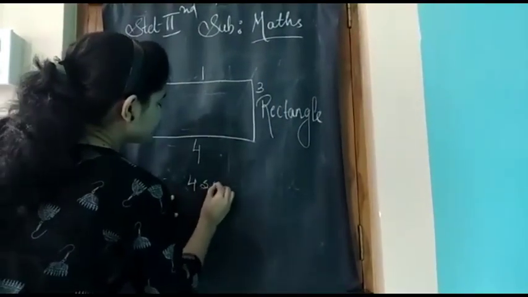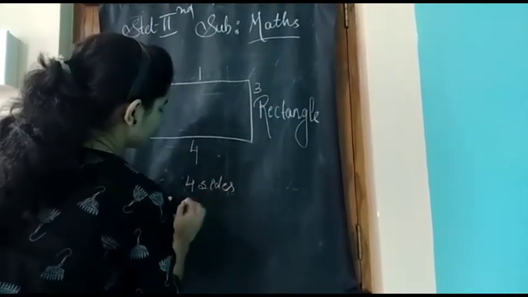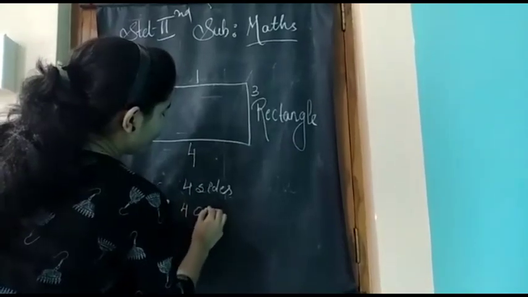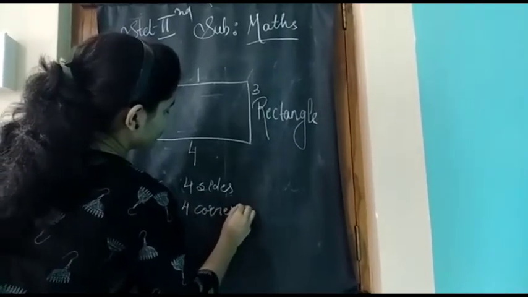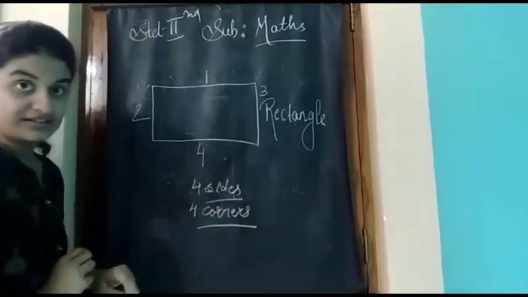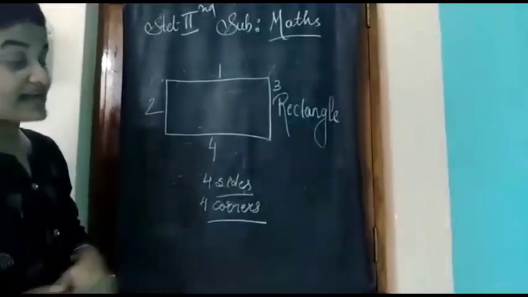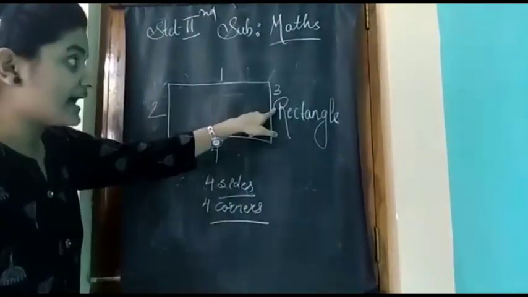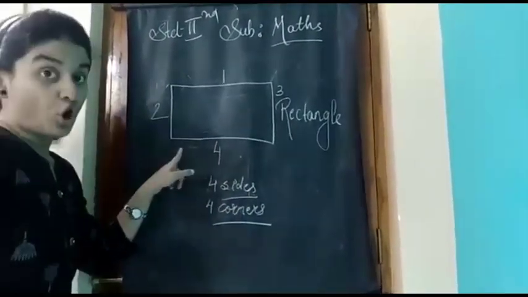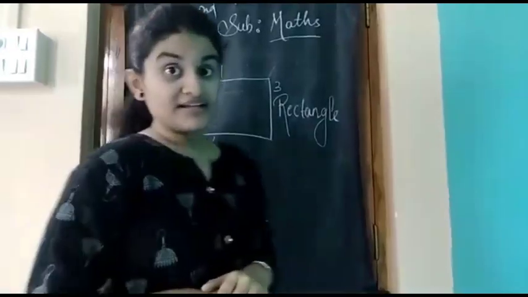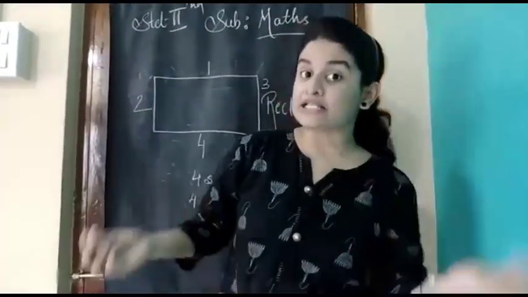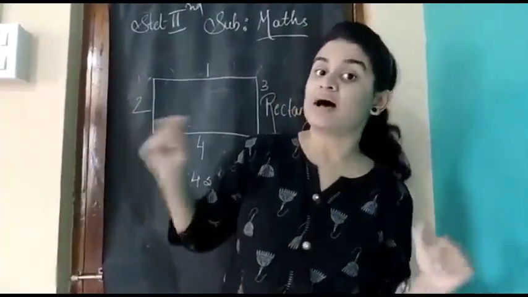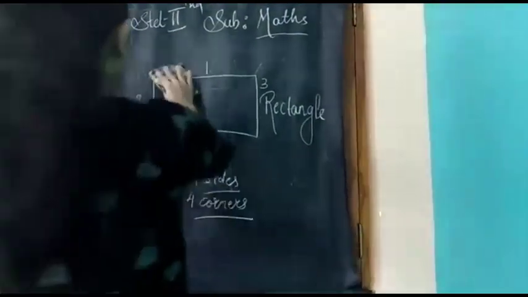Four sides and four corners. Understood? This is a figure known as rectangle. It has four sides and four corners. Understood? Now we will see the next figure, that is circle.